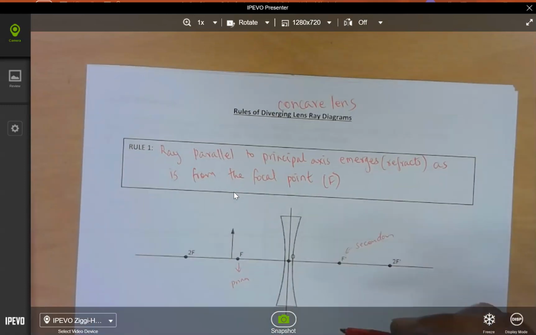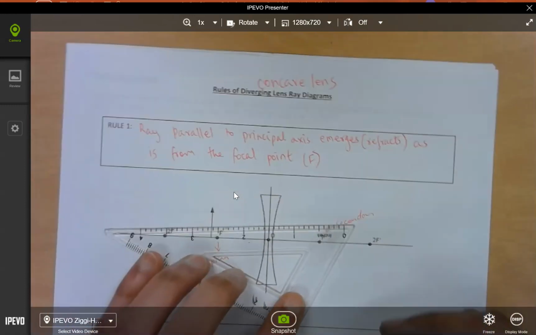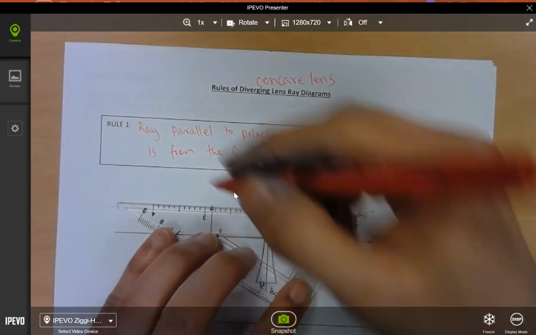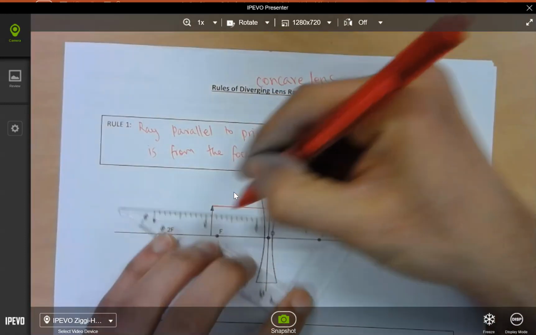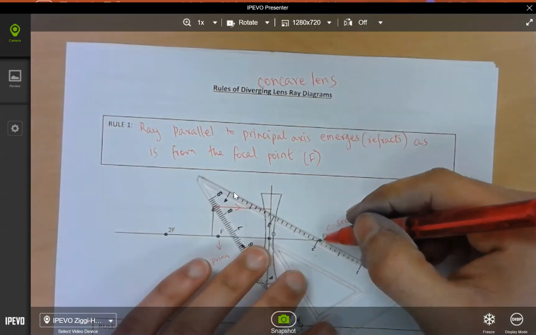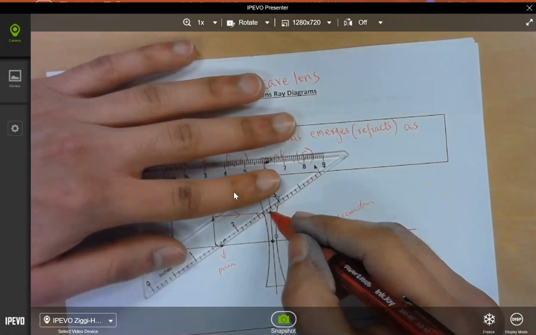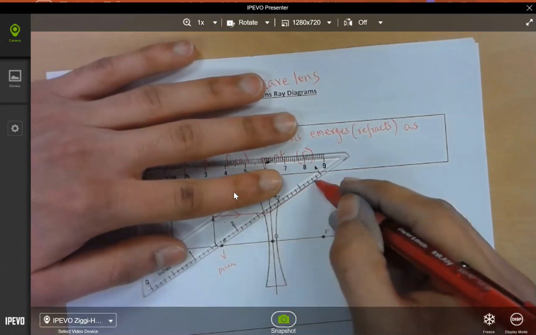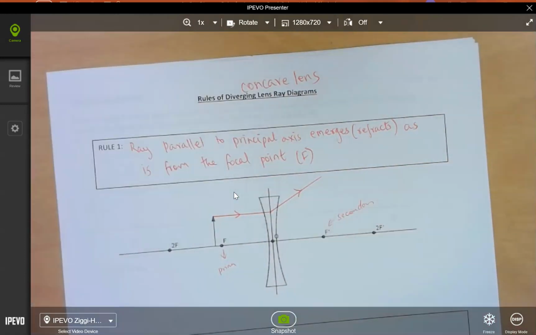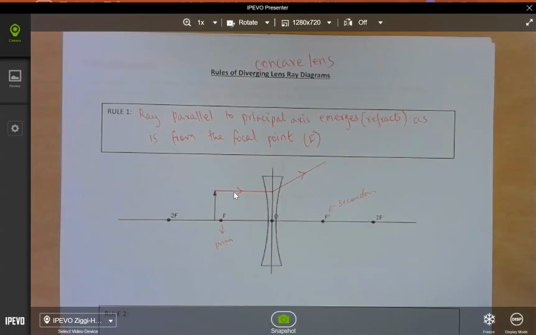And it's the primary focal point because, in essence, when we draw a ray diagram, when we draw a ray that's parallel to the principal axis, we don't draw it through the secondary focal point. It's diverging. So it's going to come from or emerge from the primary focal point in a diverging fashion. Like so.